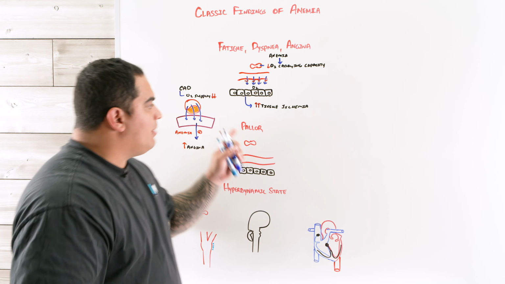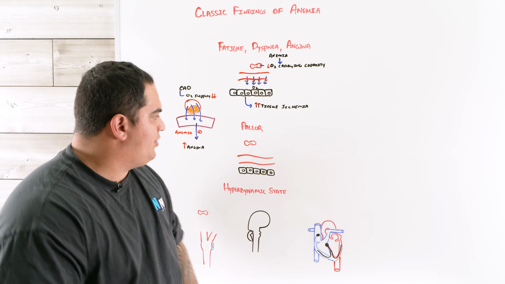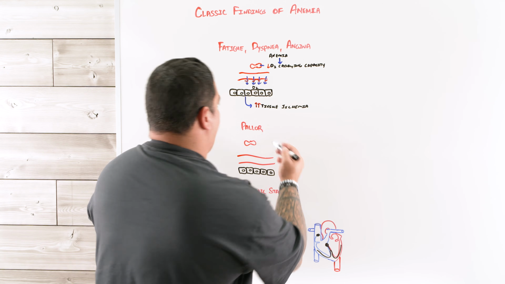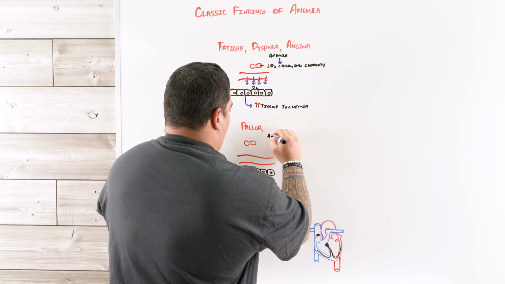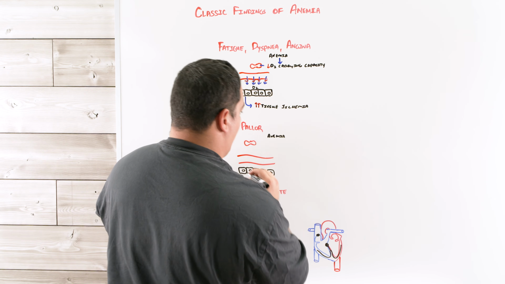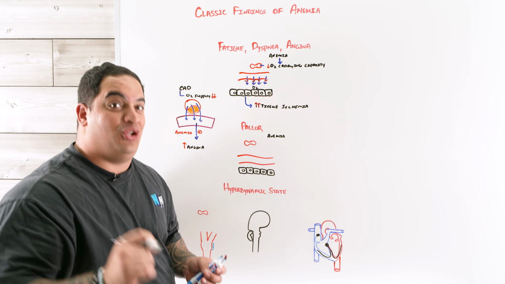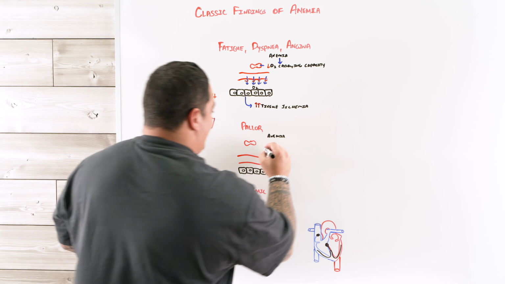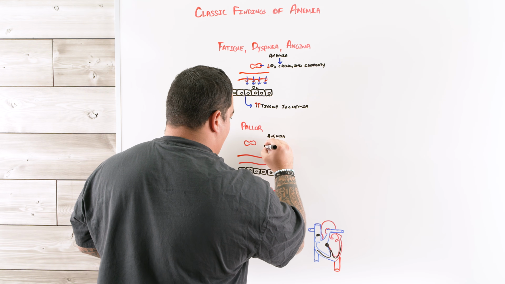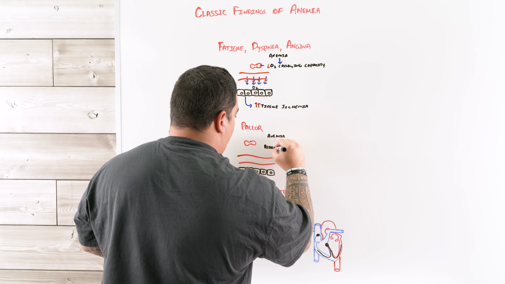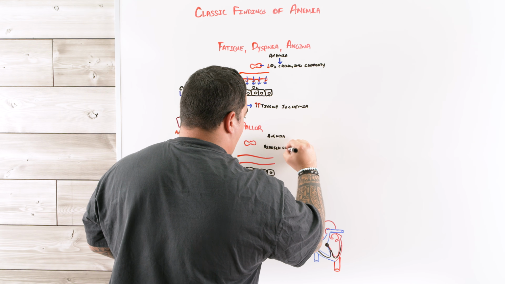Now, the next component here is pallor. Pallor is actually kind of interesting too because again, it's the same concept. If you have anemia, you have less hemoglobin, right? Less hemoglobin means that you have less reddish hue to the actual blood, and especially to your red blood cells.